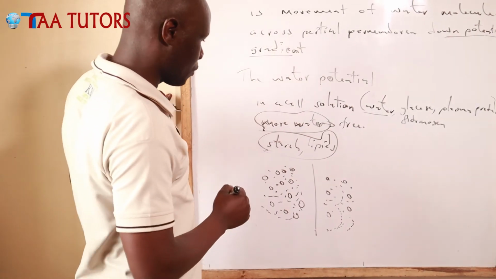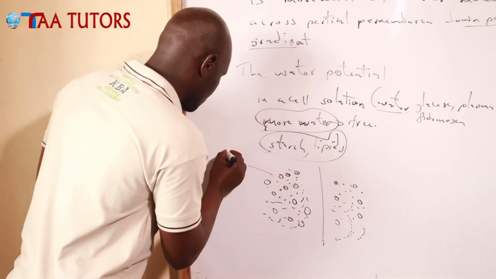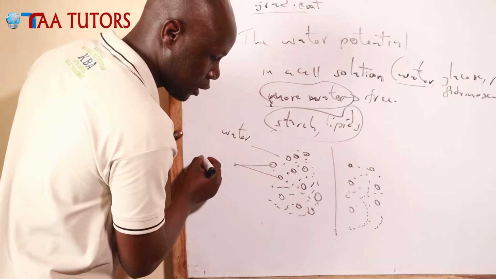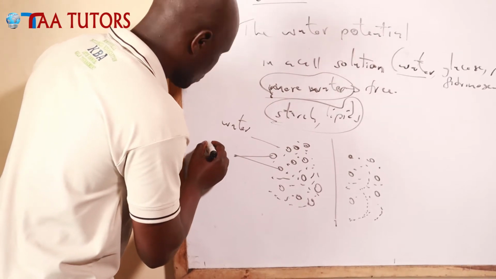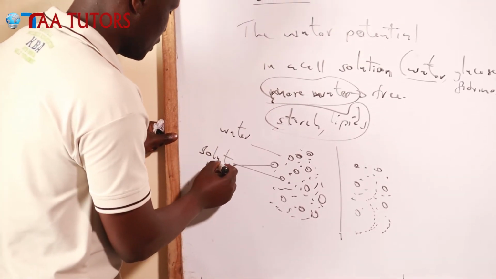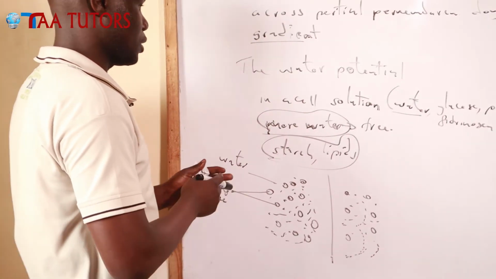We want to see how osmosis is going to take place. I have said that this is the water molecule, and these circles of mine we call the solute molecules. Looking at them keenly, we said that there should be a potential existing.